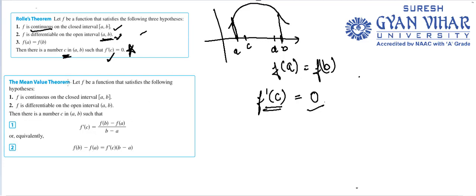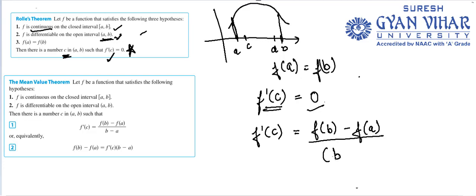Now what is the mean value theorem? The mean value theorem says that if a function is continuous and it is differentiable, then there will exist a mean point, right? There will be f dash c, which is the rate of change from f of a to f of b, that is f of b minus f of a, divided by b minus a.